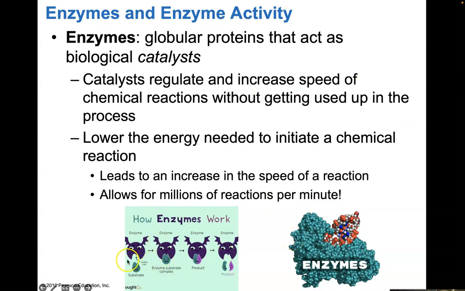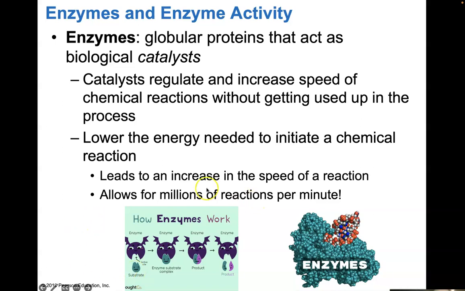So that's what enzymes do. Enzymes here have an active site. They'll bind their substrate, okay, speed up that reaction that would have occurred anyway, but make it occur at a much faster rate, and then release the products and that enzyme is unchanged. It can go bind another substrate now. So that's the beauty of enzymes, okay?